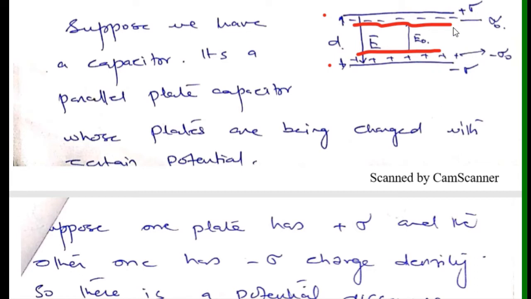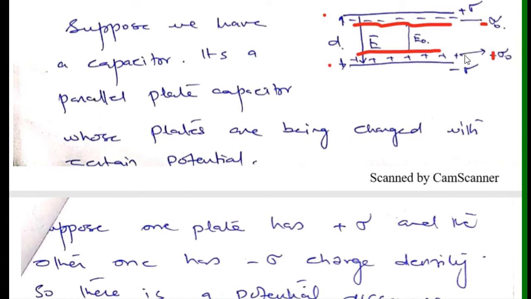And I'll call the charge density on the dielectric on this surface sigma naught, the induced charge density. I think this will be minus and this will be plus.